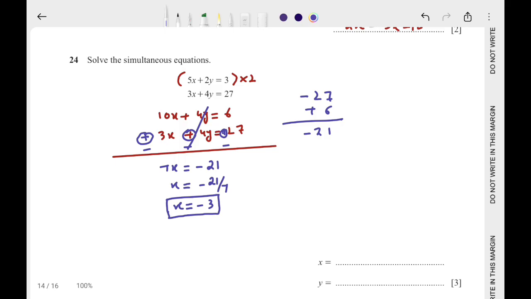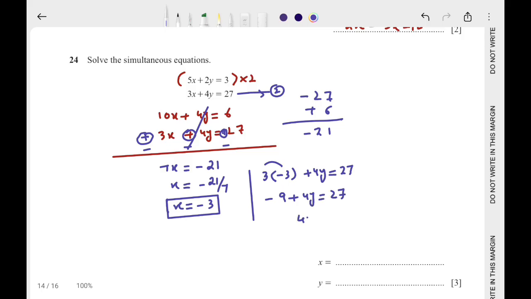Now we have to find the value for y. We'll substitute this value in any one of the equations. So if I substitute this value in equation number 2, 3 times minus 3 plus 4y is equal to 27. So 3 times minus 3 is minus 9 plus 4y is equal to 27.